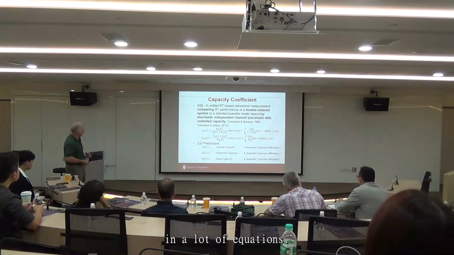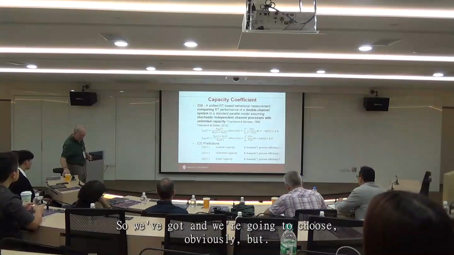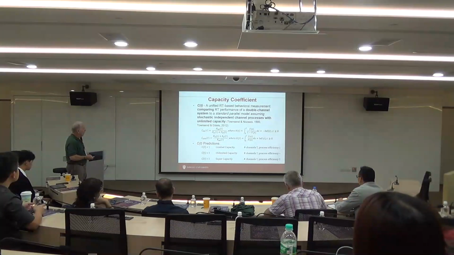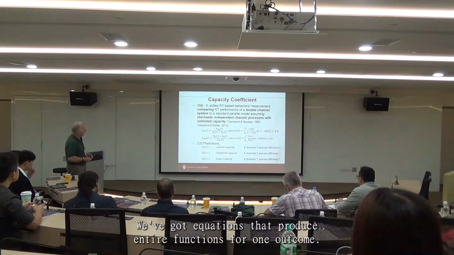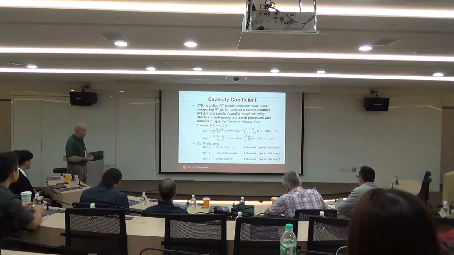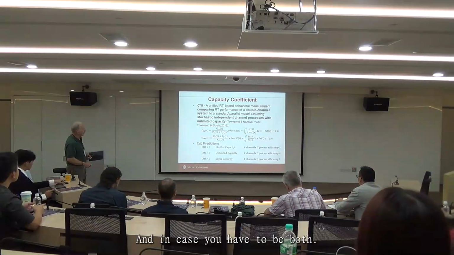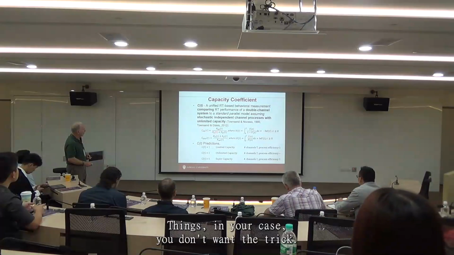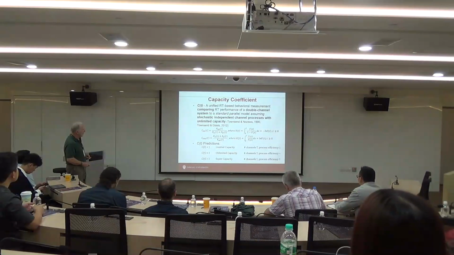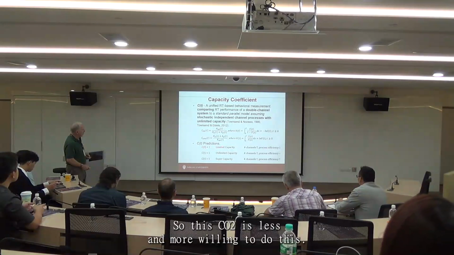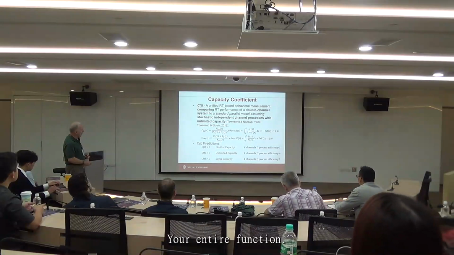A lot of equations, I'm not going to go through these obviously, but we've got equations that produce entire functions for what happens if you do have supercapacity or not. In the AND case, where you have to do both things, and the OR case, where either one does the trick, this C(t) less than one is limited capacity, and these are entire functions, remember.